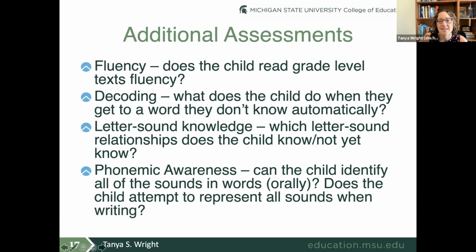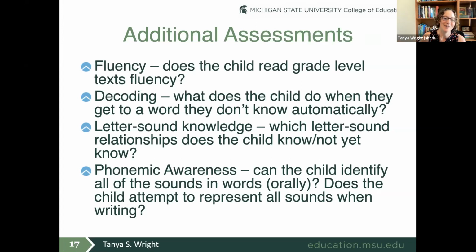So these are the kinds of things that we can figure out in a classroom that can help us to say, okay, well, I noticed that when the child gets to a word that they don't know automatically, they get really stuck and they don't know what to do. Or they're guessing based on the first sound. Or they're skipping it and reading past it, right? As soon as I know that information, I can figure out, okay, well, what do I need to teach?